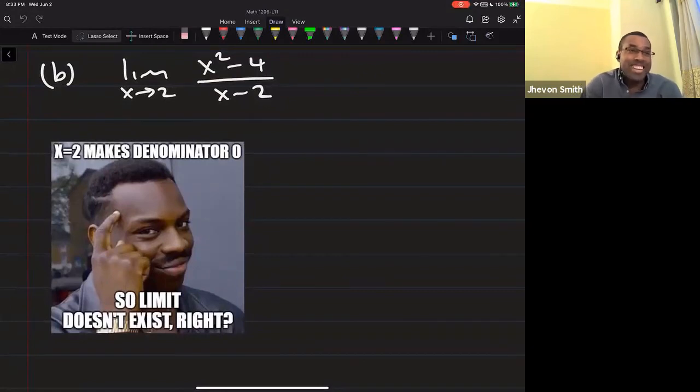It turns out that that is actually not the case. In this particular example, the limit does actually exist, and you can find a meaningful answer that literally everyone would agree with.